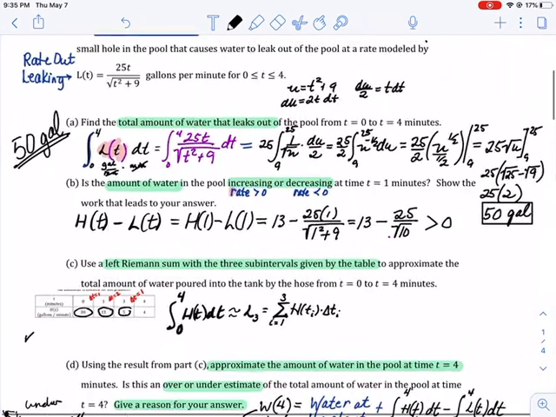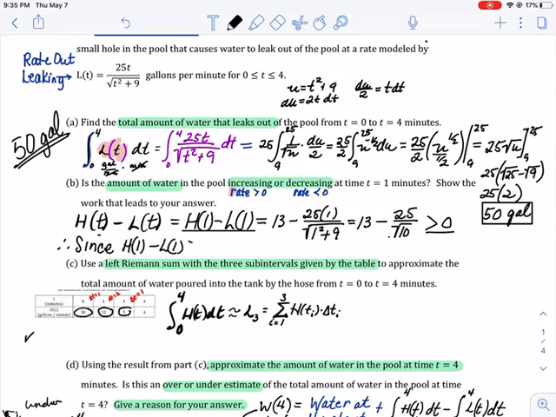So since this difference, h of 1 minus L of 1, is greater than 0, the amount of water is increasing.